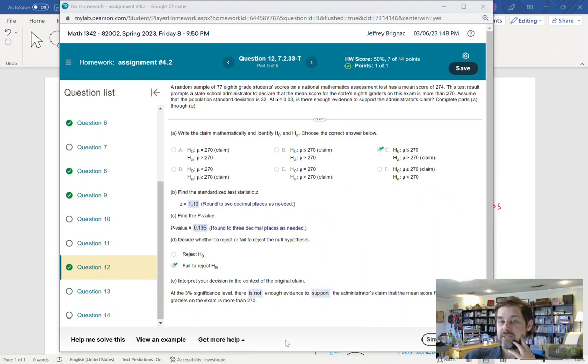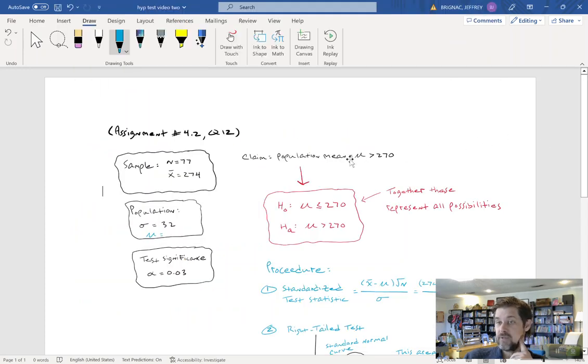So when I see this right here, declare that the mean score for the state's 8th graders on the exam is more than 270, they're referring to the population, mu, and to express that as an inequality, we say mu is greater than 270.